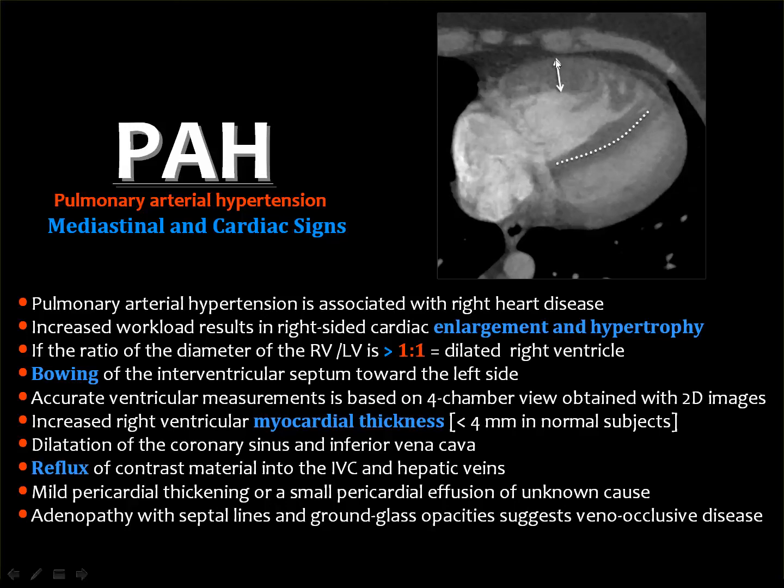Number three, marked or appreciable thickening of the myocardium in the right atrium. Then one of the other positive findings is the reflux of contrast material into the IVC, secondary to elevation of the pressure in the right atrium, with reversal of the blood flow through the inferior vena cava towards the liver.